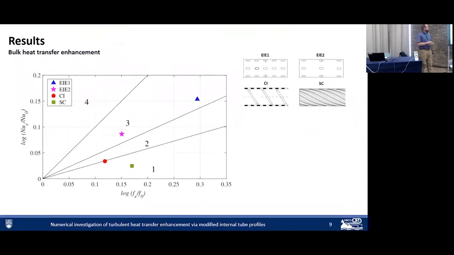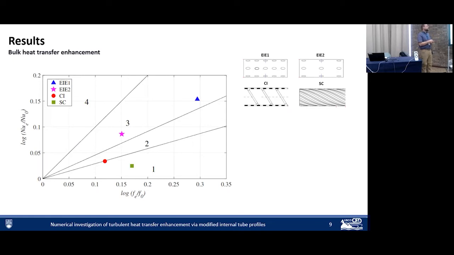All right, so just to kind of show overall, how did our heat transfer enhancement treatments fare? Not tremendously well for some of them. For example, the spiral corrugations are in region 1, the coil insert in region 2, but the ellipsoidal elements at least have some promise, depending on how closely spaced the elements are.